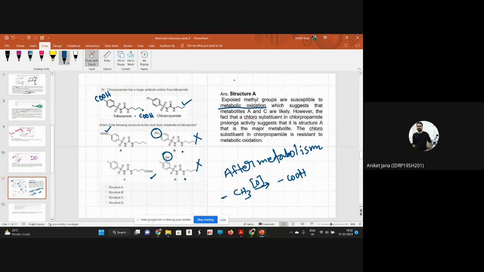However, the fact that there is a chloro substitution in the chlorpropamide, with prolonged activity, suggests that structure A is the major metabolite. The chloro substituent in the chlorpropamide is resistant to metabolic oxidation. So it is structure A, the most possible metabolite here.